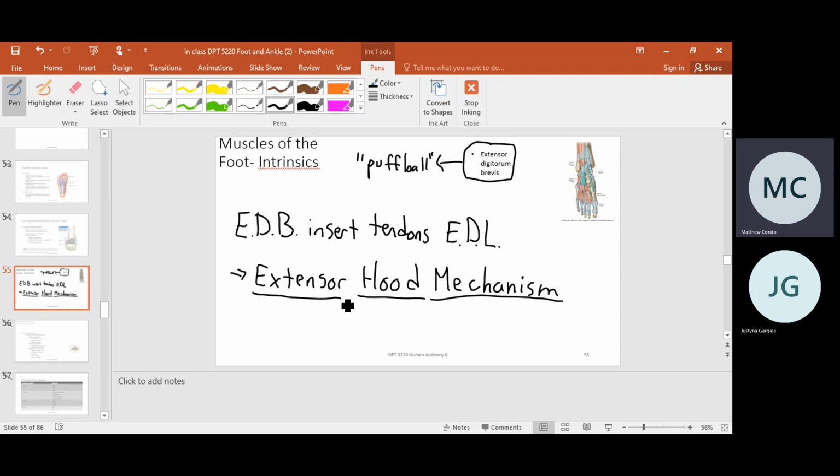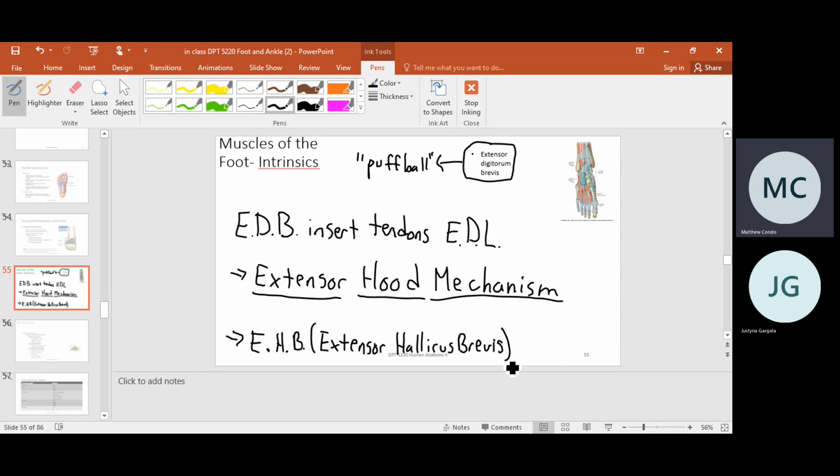The other muscle that I'm going to encounter here is going to be extensor hallucis brevis, okay? Or what's commonly referred to as the HB. Now, again, extensor hallucis brevis does what it says, right?